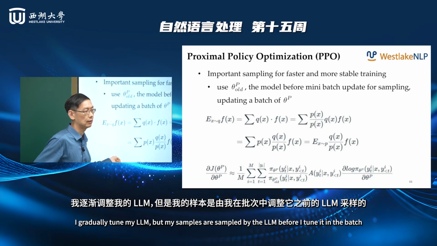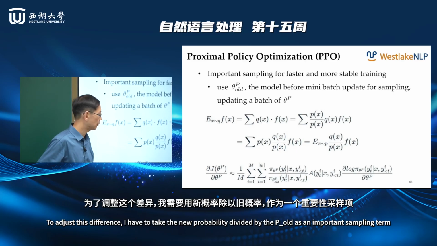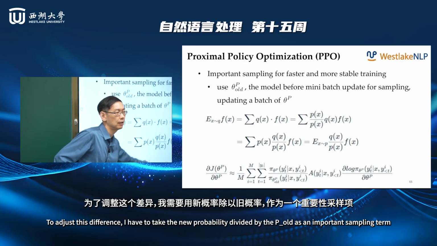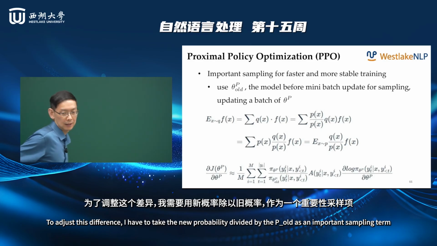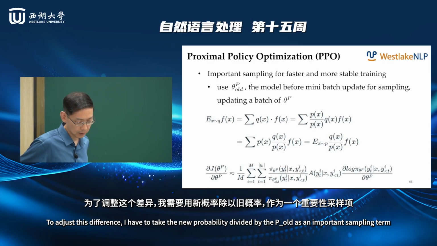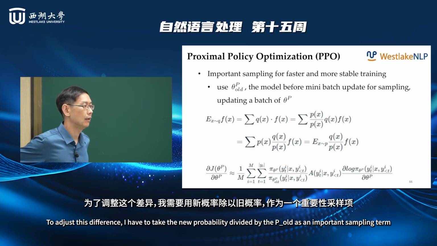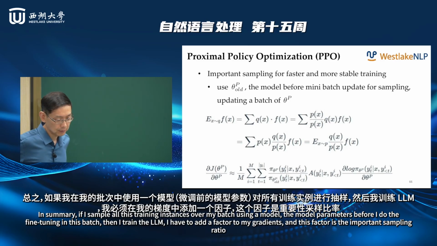But my samples are sampled by the LLM before I tune it in the batch. To adjust this difference, I have to take the new probability divided by the old probability as an importance sampling term.